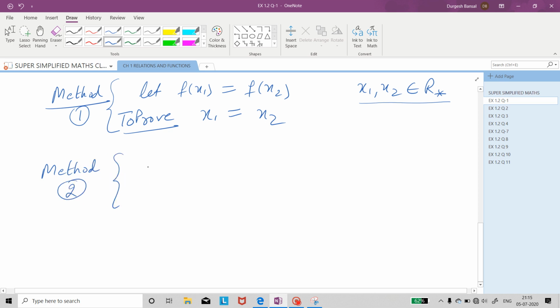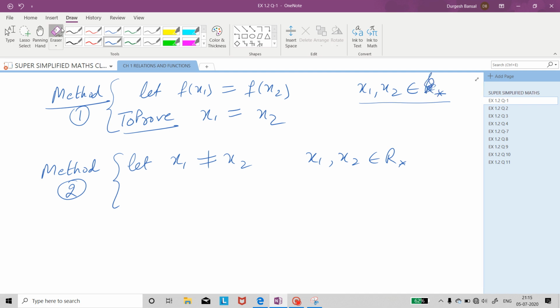That method is that you assume that x1 and x2 are two numbers in the domain set. Here the domain is R star, but in general the domain set can be any set, so I should not write R star here. I am writing domain set.